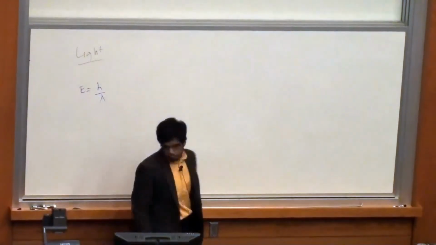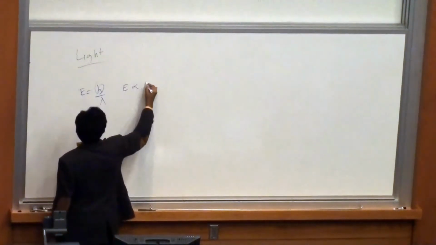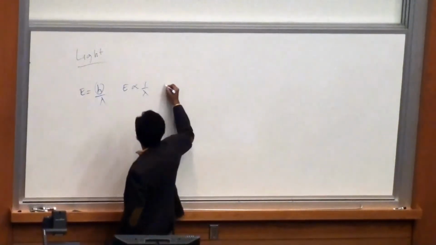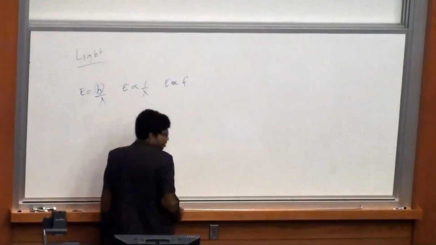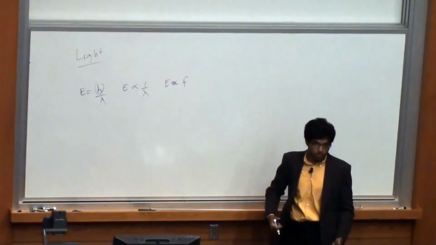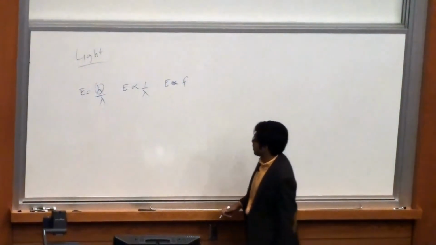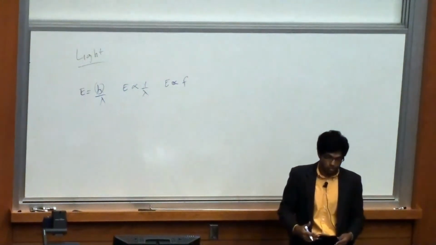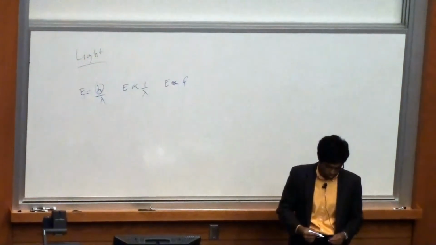This is obviously some constant, so E is inversely proportional to the wavelength, which is to say that it is proportional to the frequency. So the shorter the wavelength I have, the higher the frequency, which means the higher the energy, and vice versa. The larger the wavelength, the lower the frequency and the lower the energy. Does it make sense?